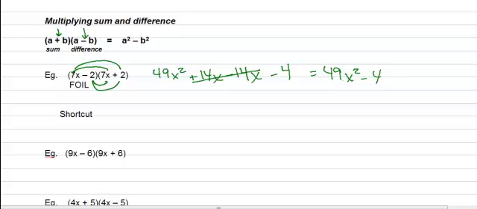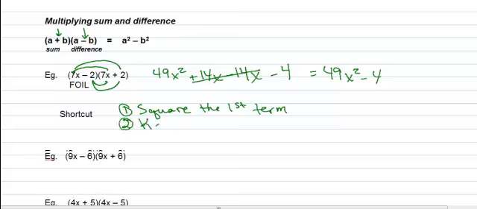Now, the shortcut is really simple. The first thing you do is square the first, then you keep the negative, and then you square the second term.